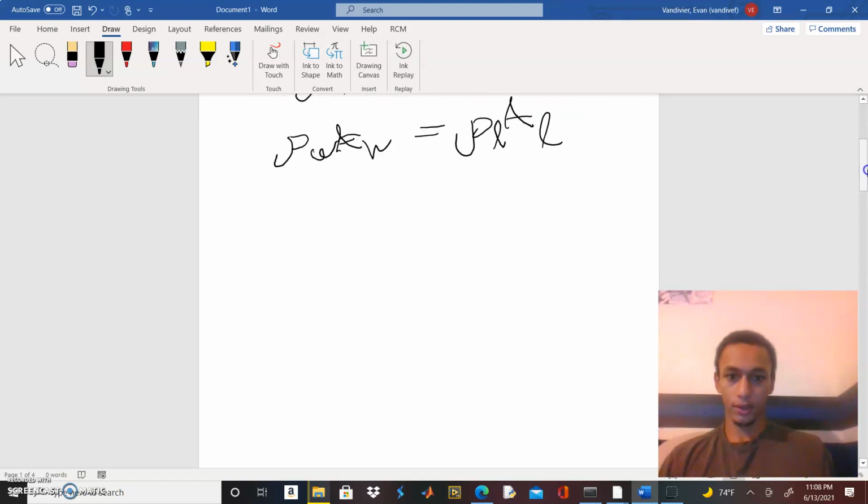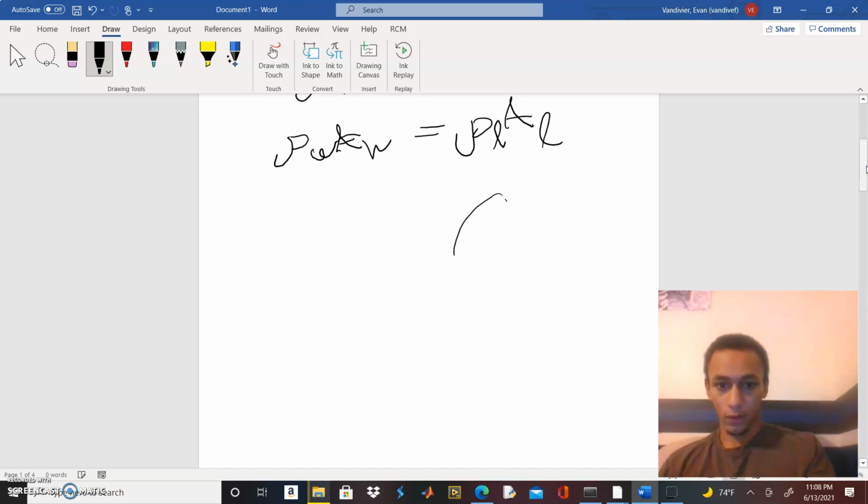So as we continue, we have the area of the log. This is a circle. So area of log is pi r squared.